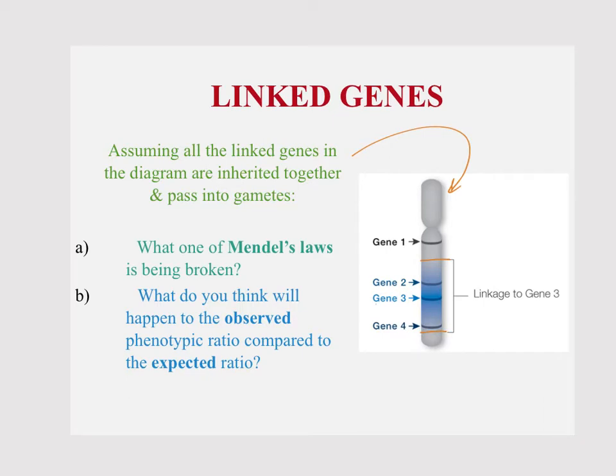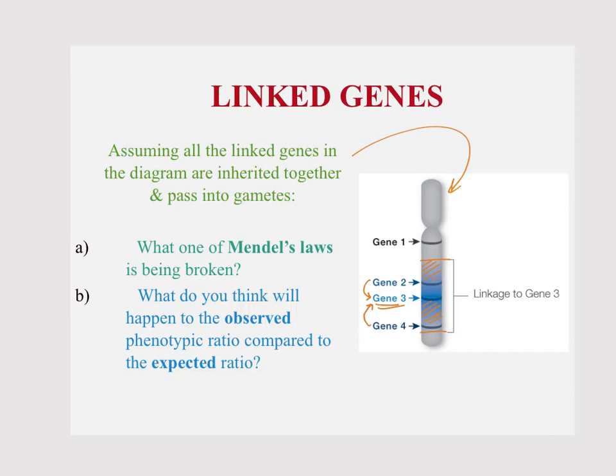We've got gene 3, and the diagram highlights that the genes in the area surrounding gene 3 are linked to it. So what that means is that gene 2 sticks with gene 3 and gene 4 also sticks with gene 3. And anything else that's in this space will stick with gene 3 as well.